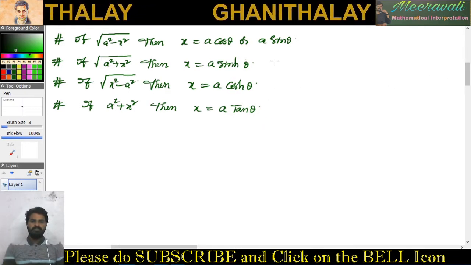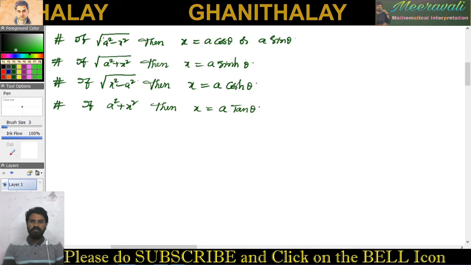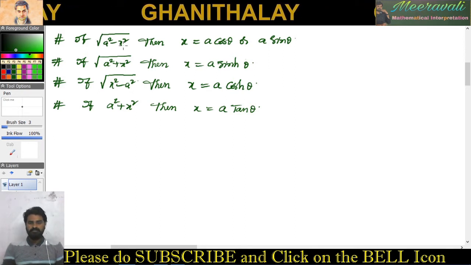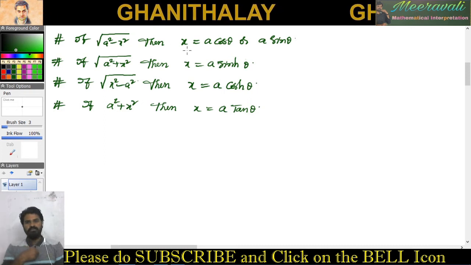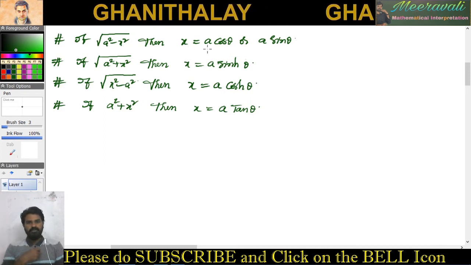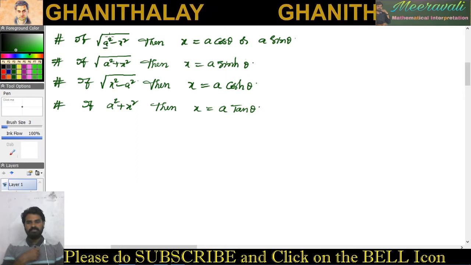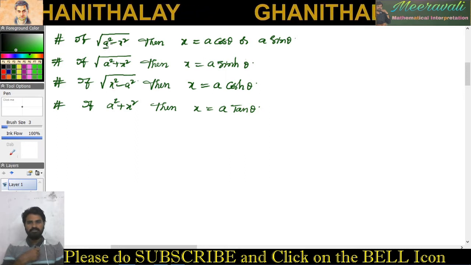Okay, let's start the class here. I am going to explain the hints once again. Whenever you see square root of a square minus x square in the integration, then you can put x is equal to a cos theta or a sin theta, where the constant term is written as the square of a.